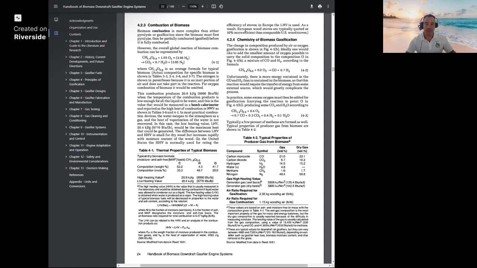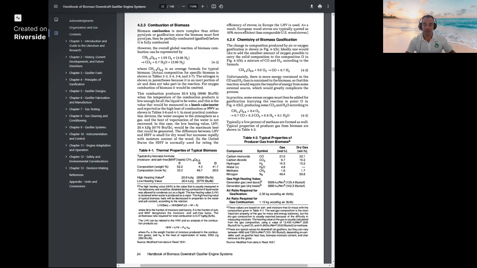Biomass combustion is more complex than either pyrolysis or gasification, since the biomass must first pyrolyze, then be partially combusted or gasified before it is fully combusted. However, the overall global reaction of biomass combustion can be represented by the following equation, where CH1.4O0.6 is an average formula for typical biomass.